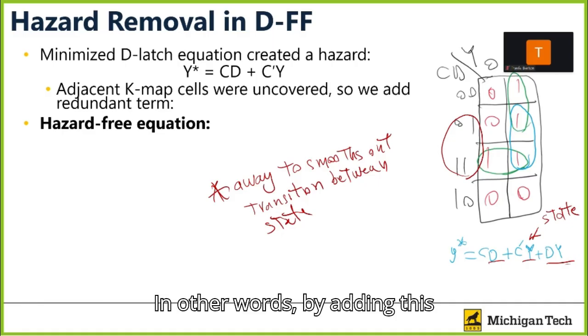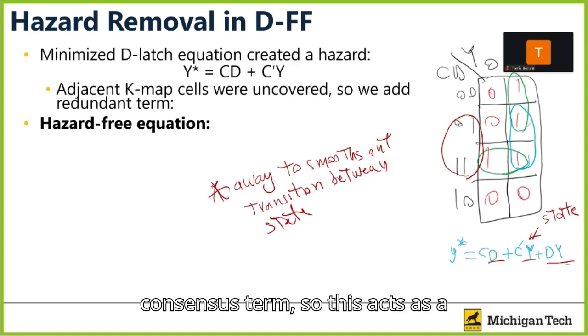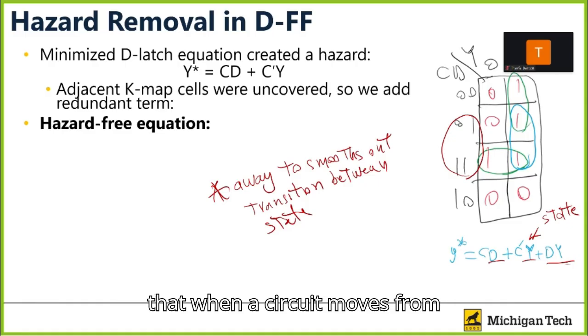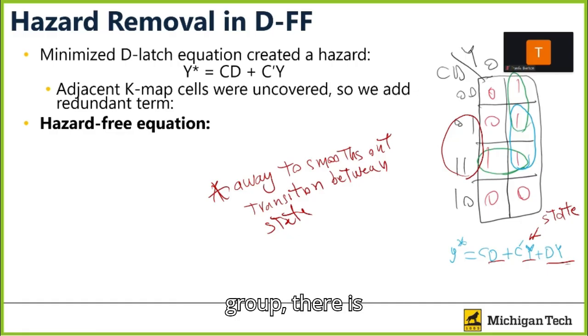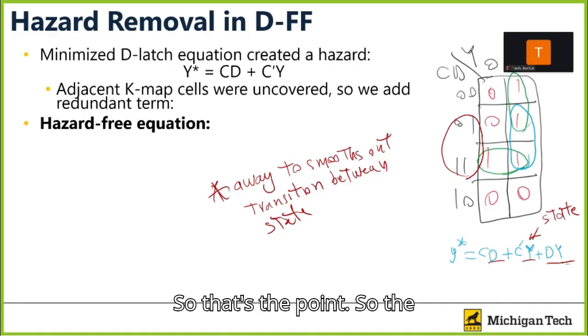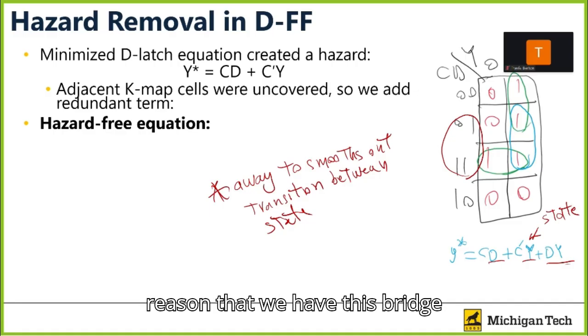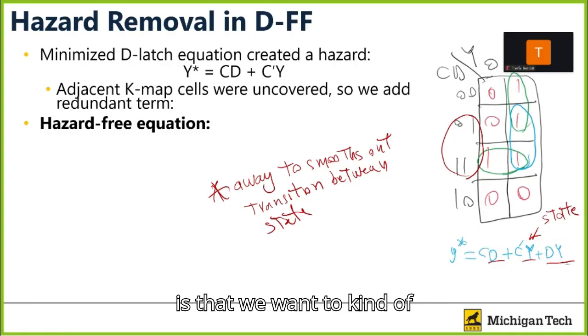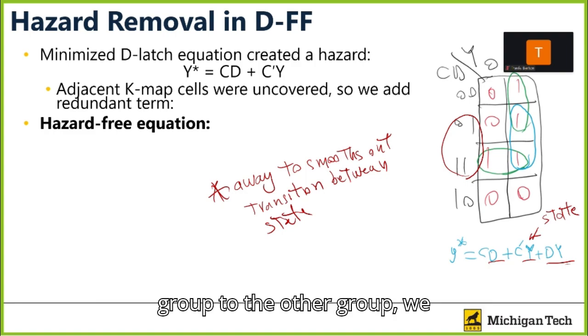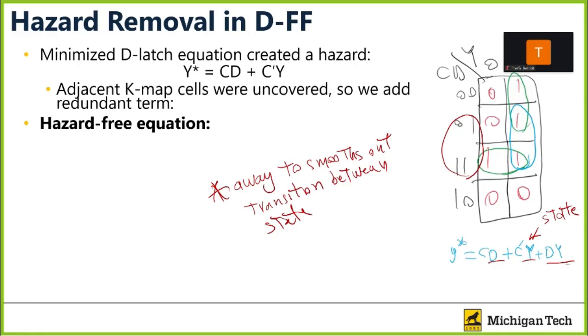In other words, by adding this consensus term, you make sure that when a circuit moves from one group to the other group, there is no momentary hazard or glitch. The reason we have this bridge is to make sure that when we change from this group to the other group, we stay consistent.